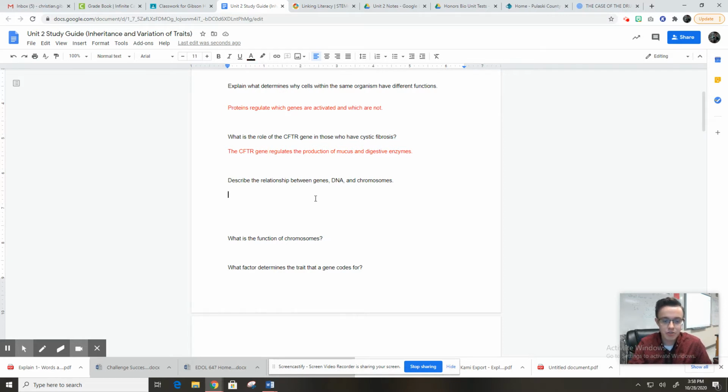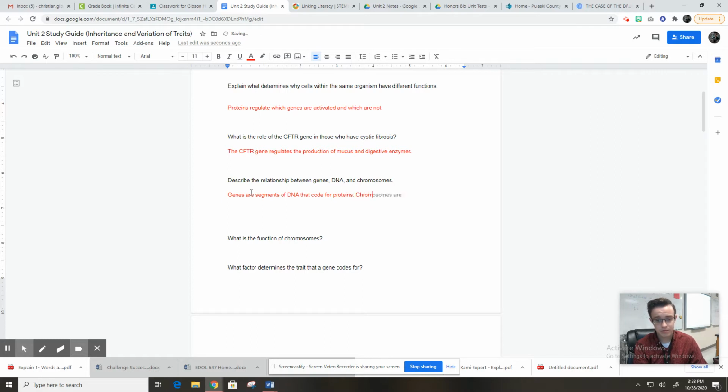This says, describe the relationship between genes, DNA, and chromosomes. Well, genes are segments of DNA that code for proteins.